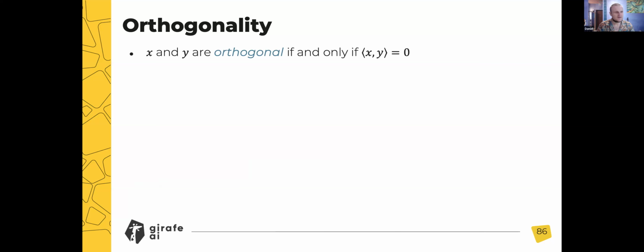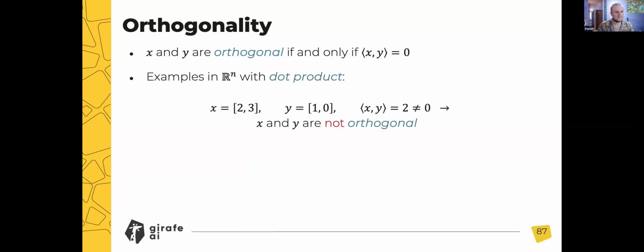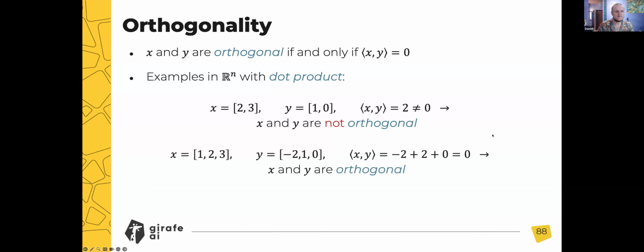Okay, as we said, two vectors are orthogonal if their dot product is 0, and vice versa. For example, these vectors are not orthogonal, but these vectors are orthogonal. Okay?